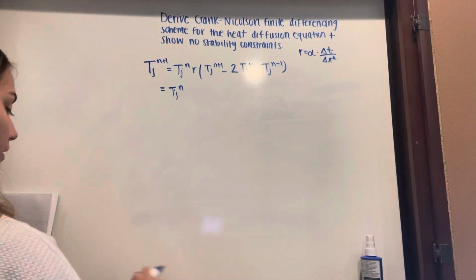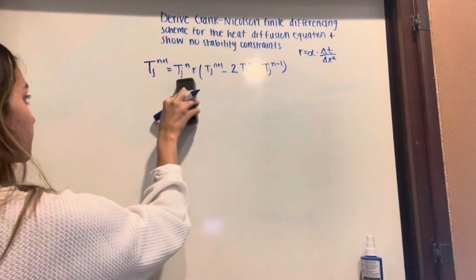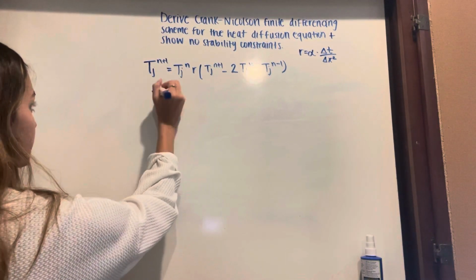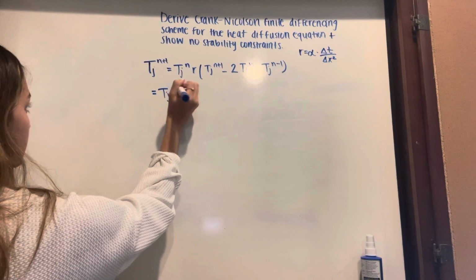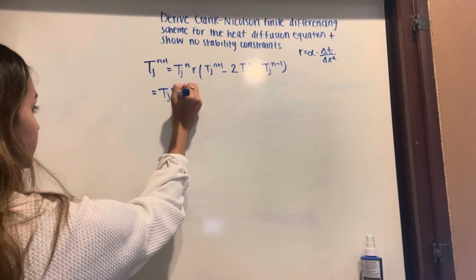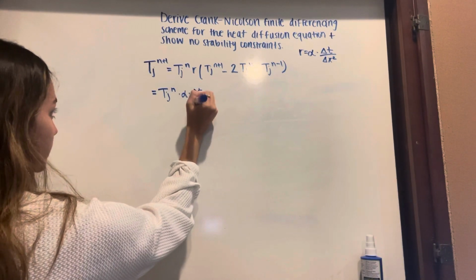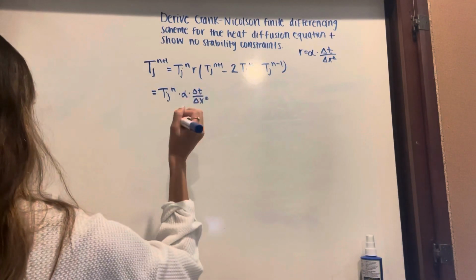And so for this derivation, instead of writing R, we're going to write out our expression for R. So alpha times delta T over delta X squared.